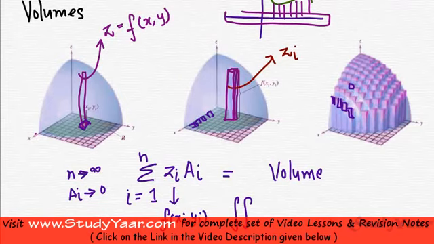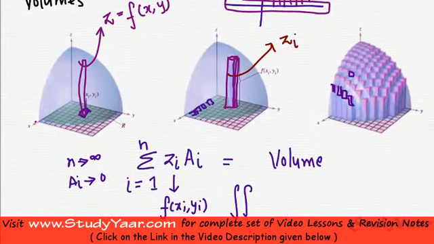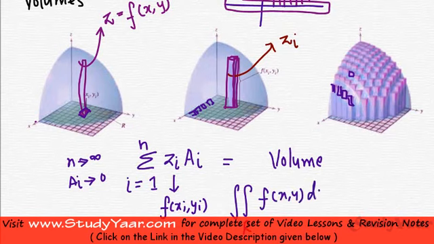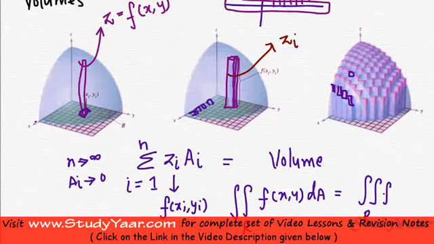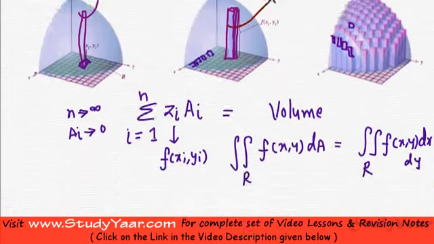And then this is essentially your double integral over region R of f(x, y) dA, and since you have small rectangular or square areas, you can write this as the double integral over R of f(x, y) dx dy. So your volume is given by the double integral over region R of f(x, y) dx dy, where what is R?